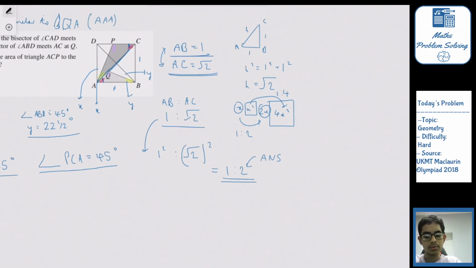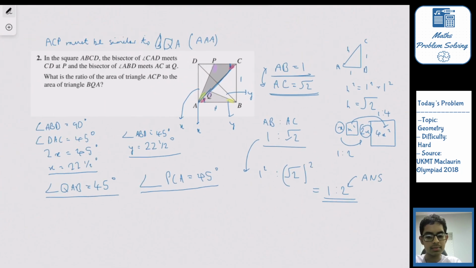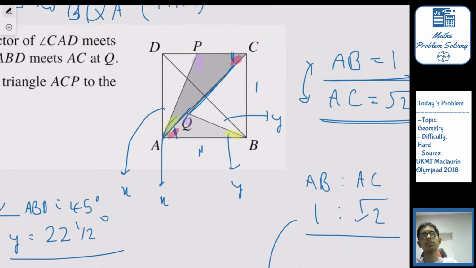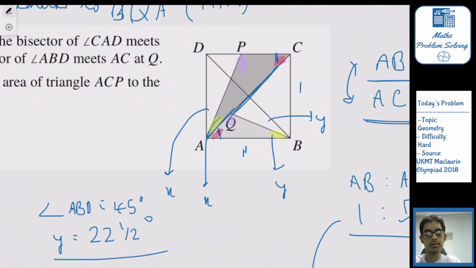Okay, so the main learnings from this question are that triangles are unique in a few ways. You can do trigonometry on them, and they're the only shape which you can do trigonometry on. We could have tried to use trigonometry, but since the question is revolving around angle bisectors and things, it just felt right to use similarity.